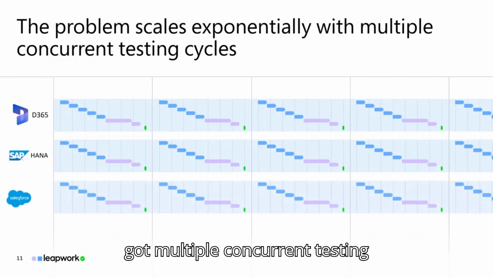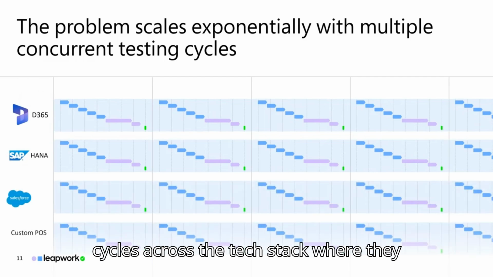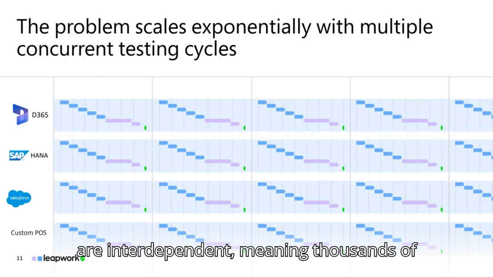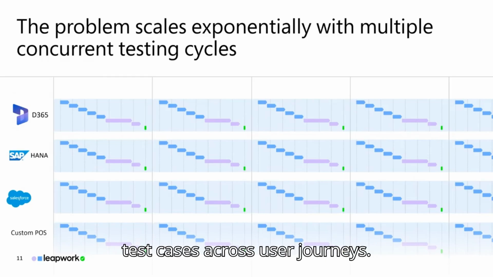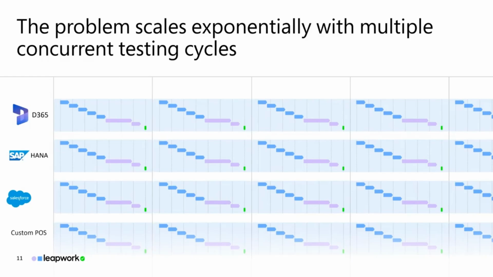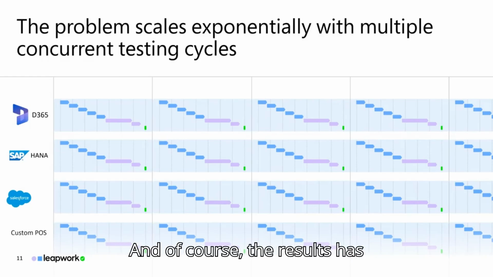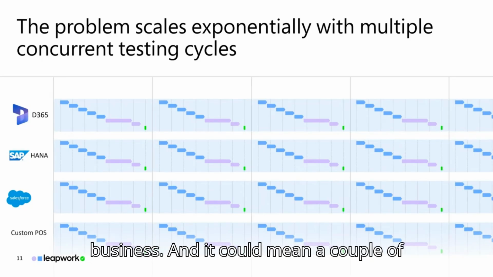So you've got multiple concurrent testing cycles across the tech stack where they are interdependent, meaning thousands of test cases across user journeys. And of course, the result has major negative impacts on the business. And it could mean a couple of things.